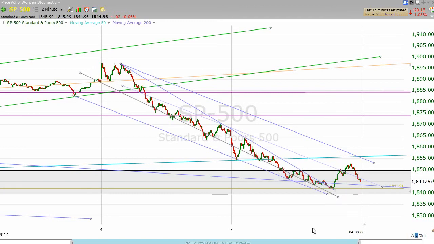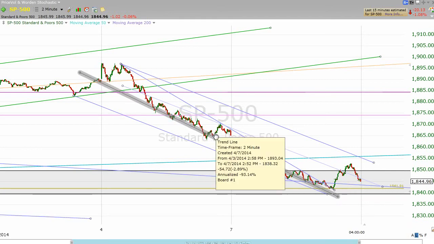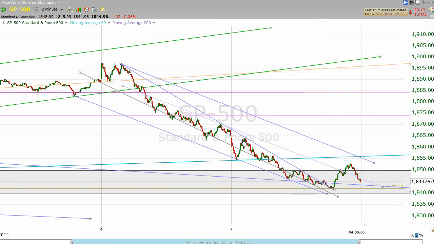And I think the answer to that is yes, because we kind of bounce along it, get up over it, bounce up here, go through it, come back to back test it, get under it, and then we came back to it twice.